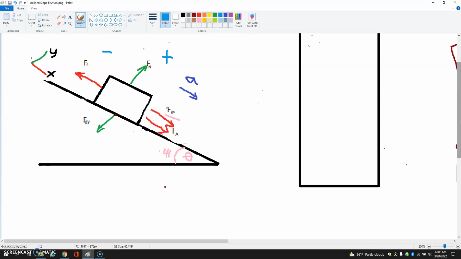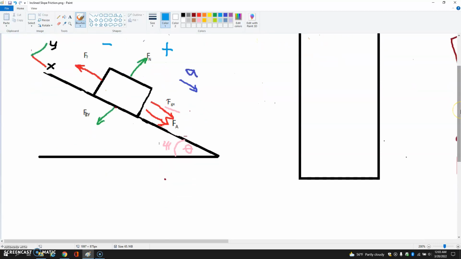So what I would do is just draw a bunch over and over until you get it down. That's really the only way. So that's the first step. Step 1, draw your diagram. Once you draw it, you basically get it out of the way.